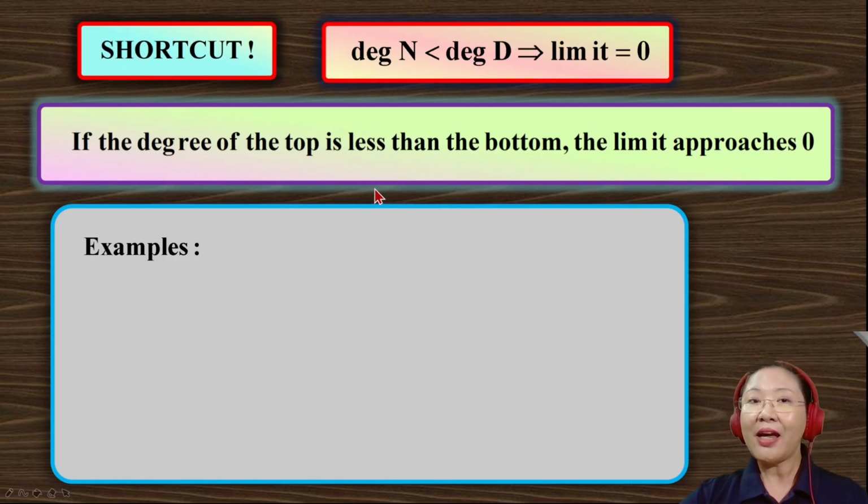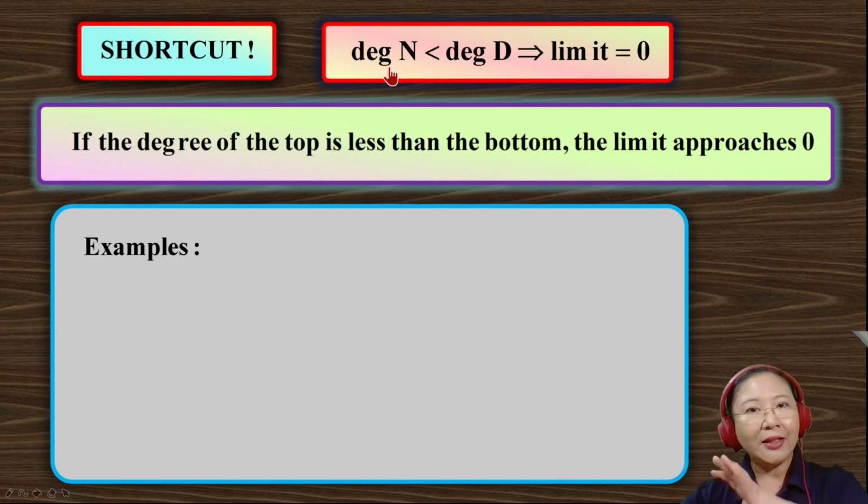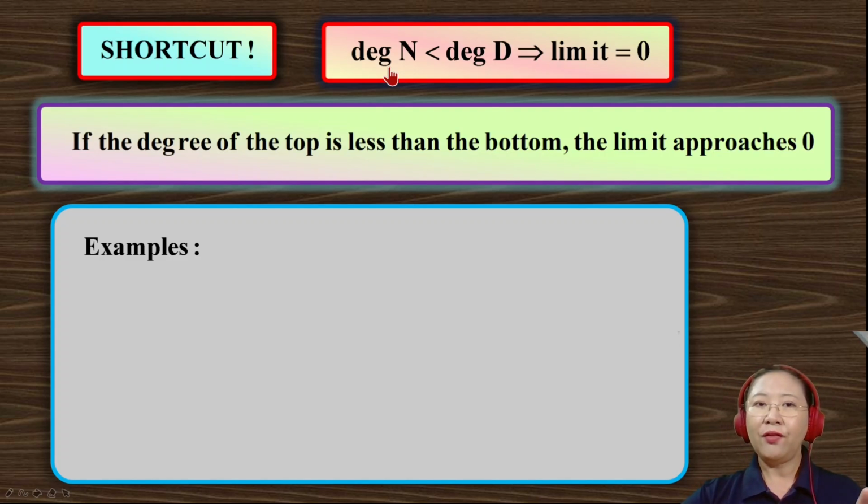Except if in the exam, the question asks for the limit first, and they give some marks like 2 or 3 marks for that, and then they ask you to sketch the graph. If the question is like so, it means you have to calculate using the full concept of limit. If they just ask you to sketch the graph of the rational function, then you can use this shortcut.